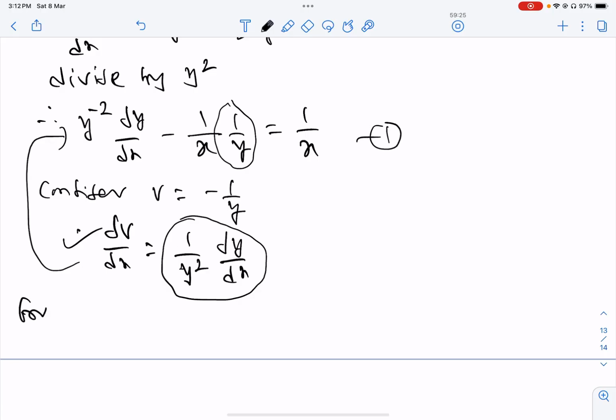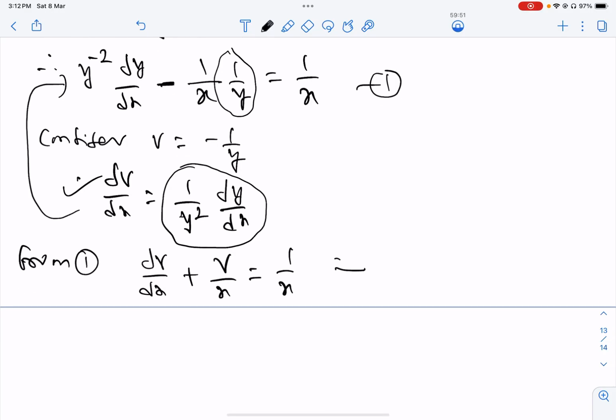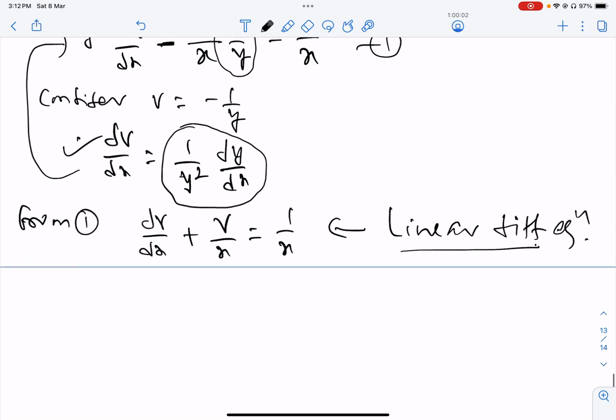So from 1, y power minus 2 dy by dx is dv by dx, plus, because we have considered this minus sign, minus 1 upon y is v. So this is v by x and is equal to 1 by x. So now you can see that this is nothing but a linear differential equation. So a Bernoulli differential equation is converted to a linear differential equation.